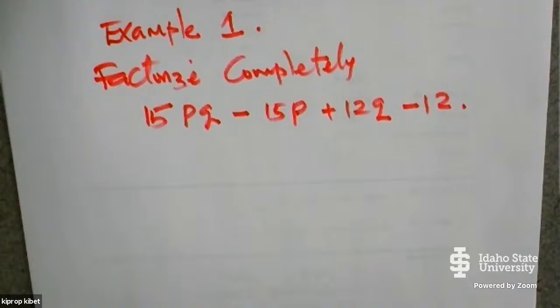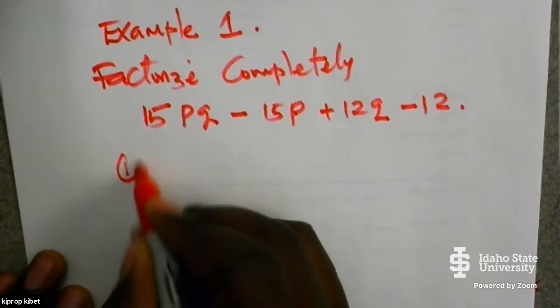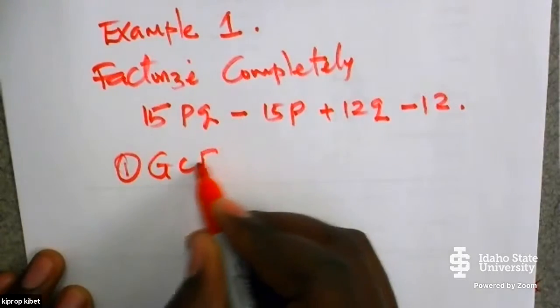So as you can see, these are more than 3 factors, right? So we use step number 2, the last section. It was grouping, right? But before that, we use step number 1, get the GCF.